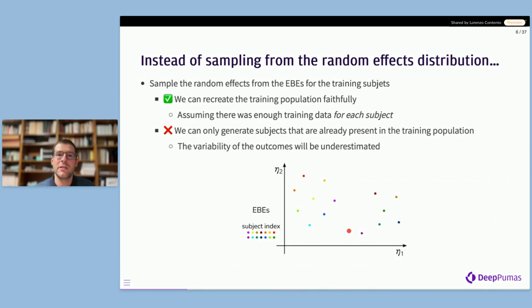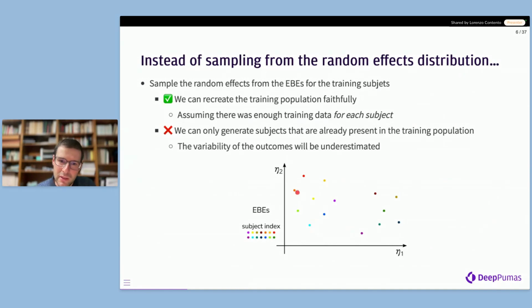However, this will still lead to some problems. While with the misspecified distribution we may overestimate the variability of outcomes, with this approach we will very probably underestimate it.